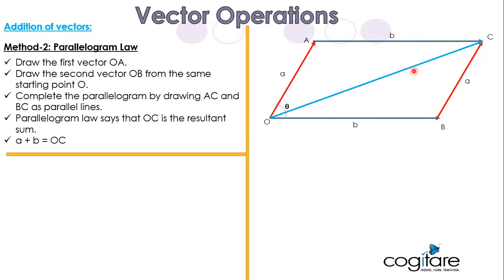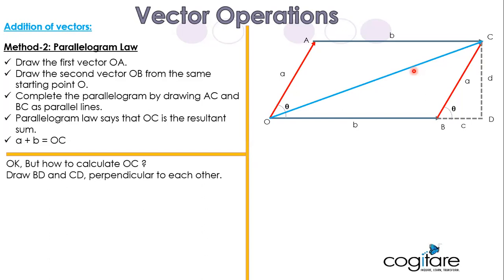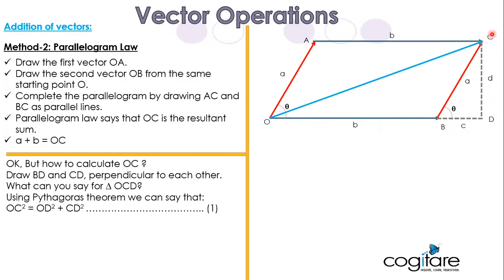How do we do that? We have a small construction that needs to be done. We have to drop perpendiculars from C onto OB extended, right? And this length is D, and this length we will call C. Now, what we can say about this triangle ODC is that it is nothing but a right angle triangle, and we can use the Pythagoras theorem, which states that the square of the hypotenuse is equal to the sum of the squares of the other two sides.